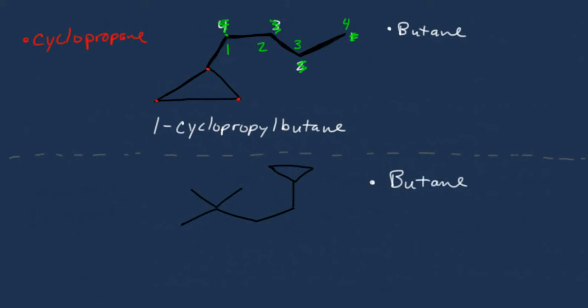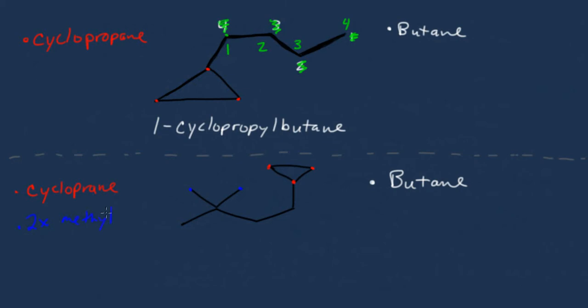Now we want to identify our substituents. This didn't go anywhere, so we still have our cyclopropane. And then we have what looks like 2 more substituents right here, and those are 2 methyl groups, so I'm going to write 2 times methyl.